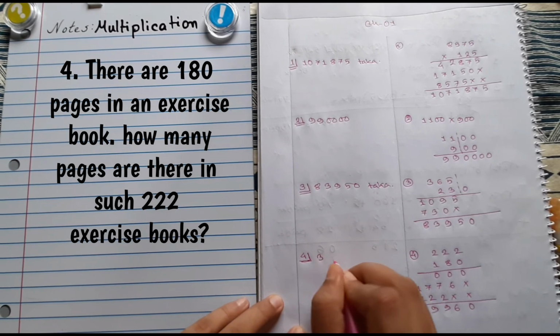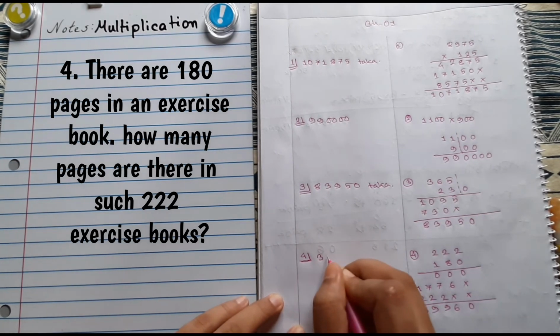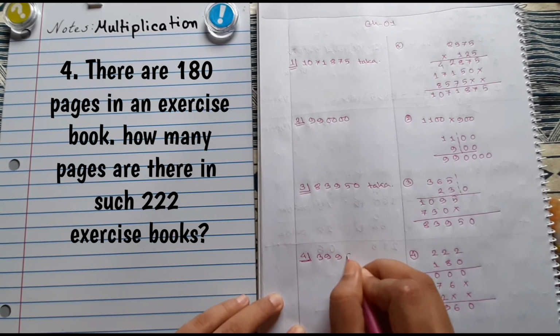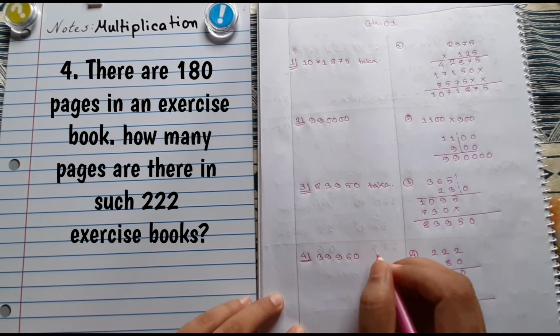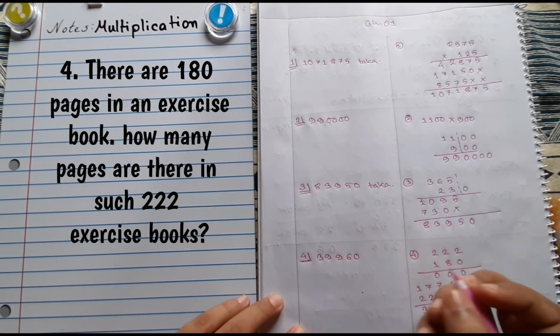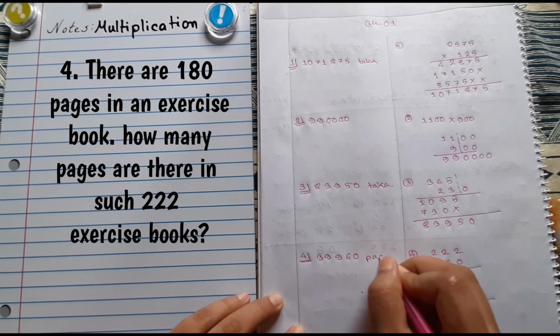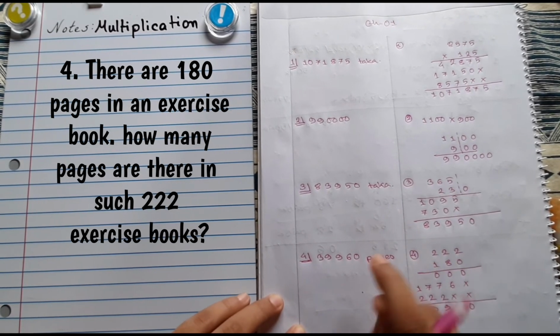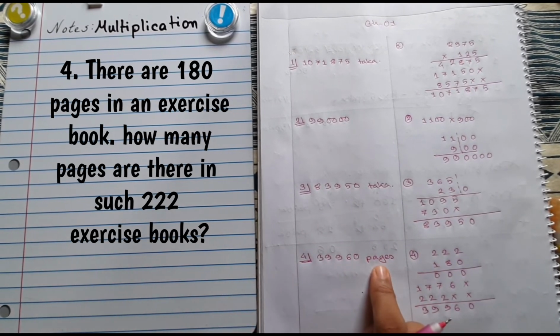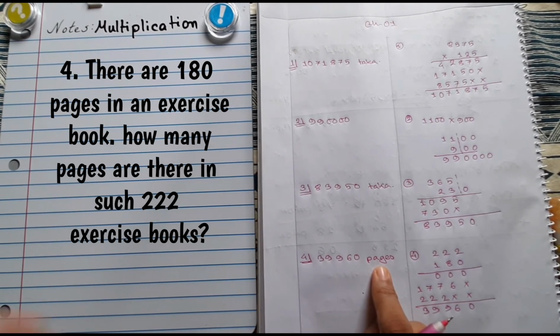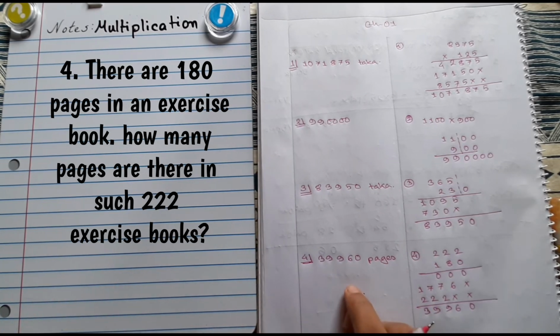This is 39,960 pages, right? They are talking about pages, so we are going to write down pages, okay? These are the units actually. If they ask to put something in it, then you have to write it, not only the number, okay?